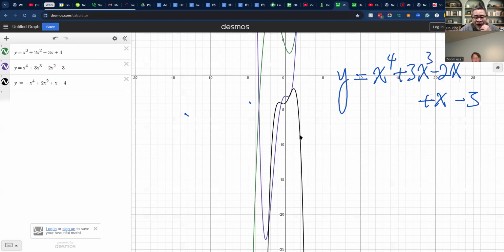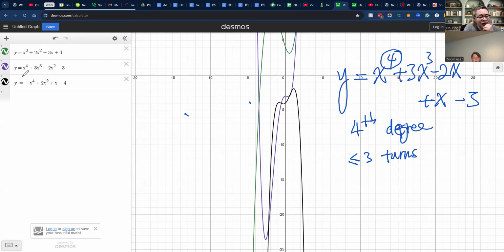And so in terms of the number of turns, it's always determined by the leading term. This is called the degree of the polynomial function. This we call fourth degree, and there are at most 3 turns.